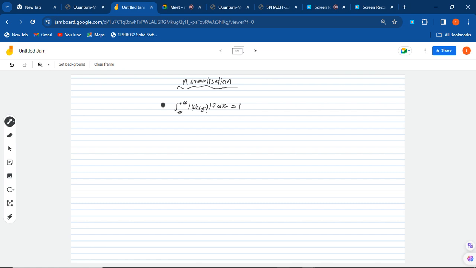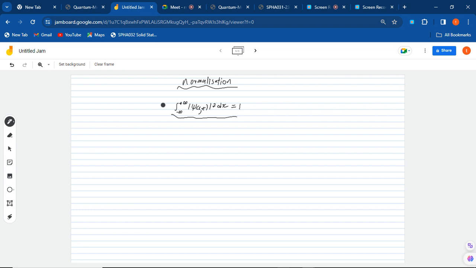So you can see that this is the wave function ψ(x,t) squared dx equal to 1. You must be able to find this.